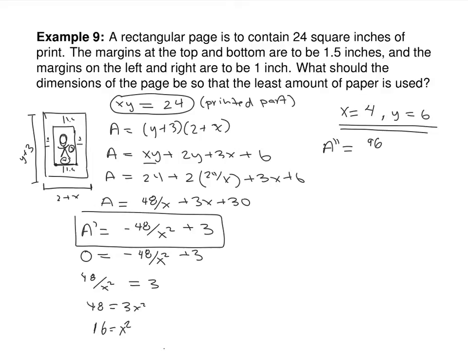Positive 96 over x to the third. So A double prime of your critical number 4 is positive, right? A is concave up, thus min or max? Min, which is what you wanted, right? Woo!